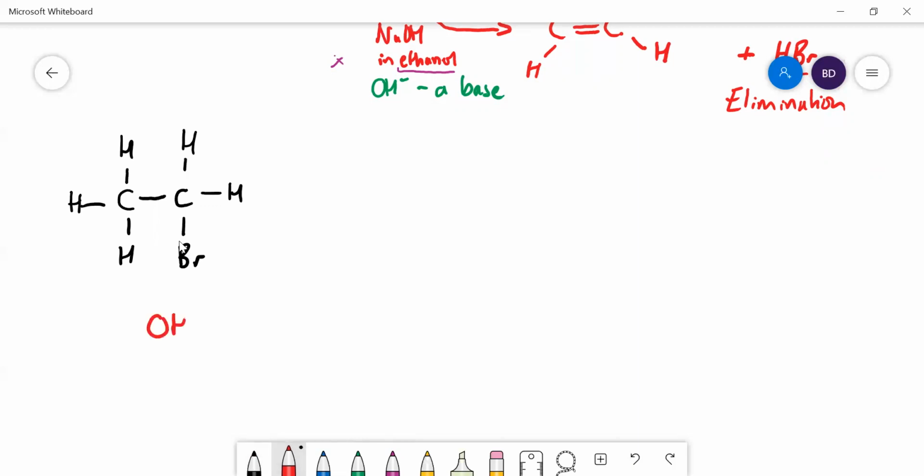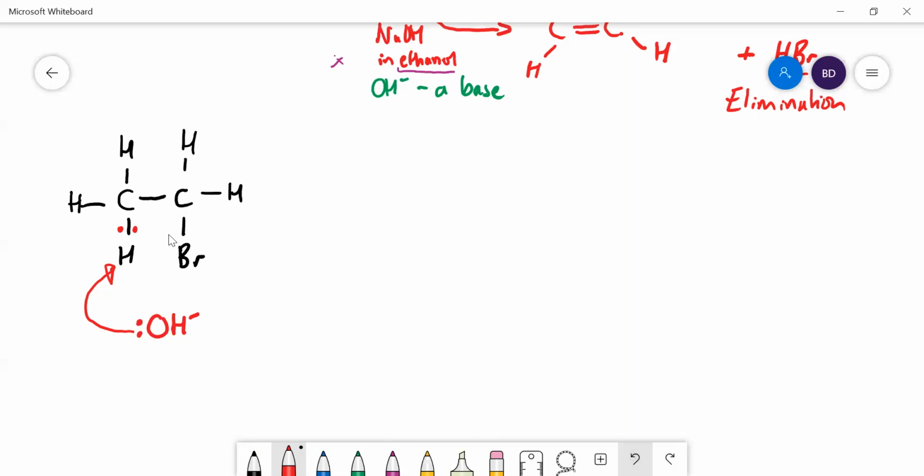Right, OH minus. Now, instead of it attacking this carbon here, it doesn't do that. What it does is, the lone pair forms a bond to this hydrogen here to form water. Now, the pair of electrons in this bond here, there's 2 electrons there. What happens to them is they go to form a pi bond between these 2 carbons.